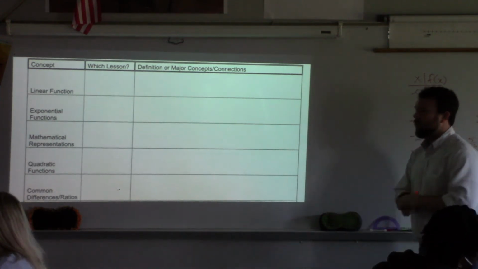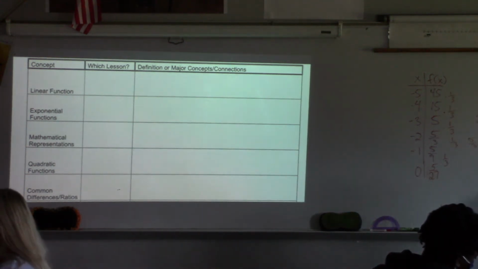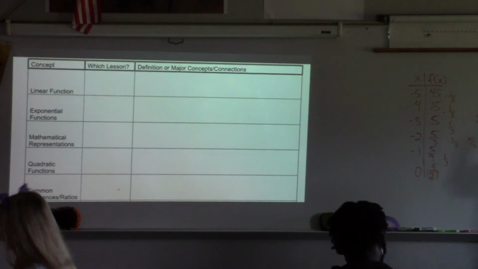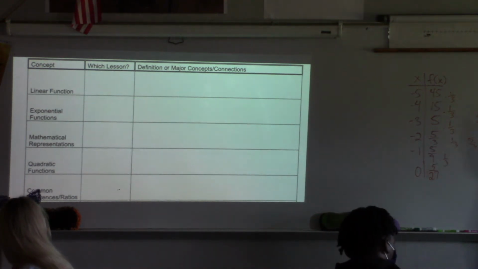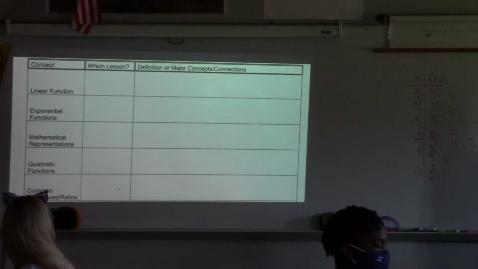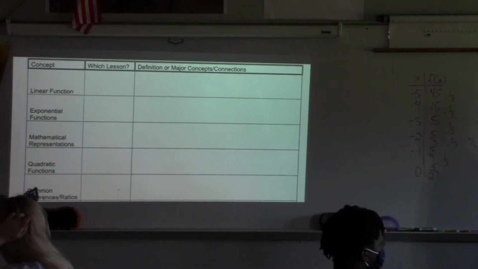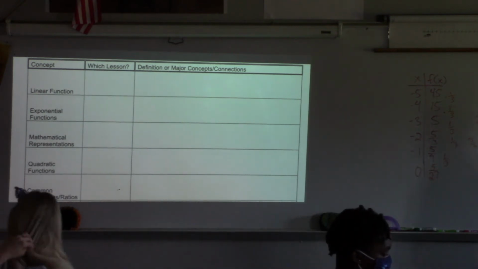So here's something I need y'all to hear me very clearly on, okay? Because I saw a student in my third block who already had all of the definitions or major concepts for this entire sheet written out. I thought it was homework. But I told y'all to only go through common differences or ratios, because we haven't even covered any of the other concepts.